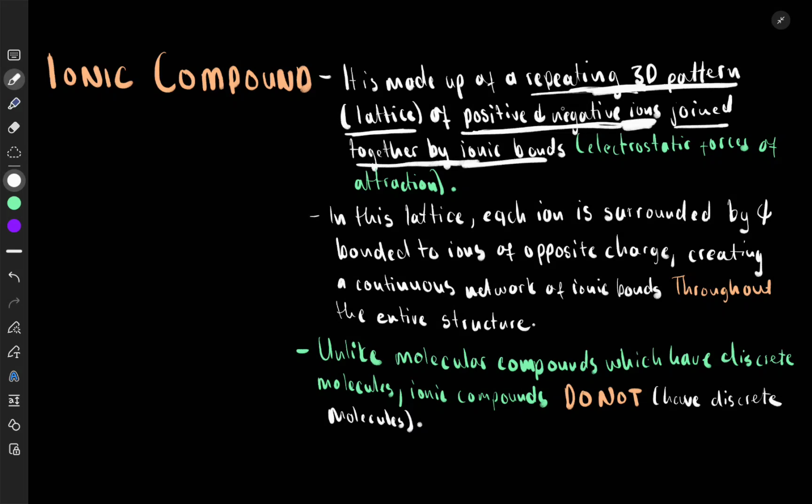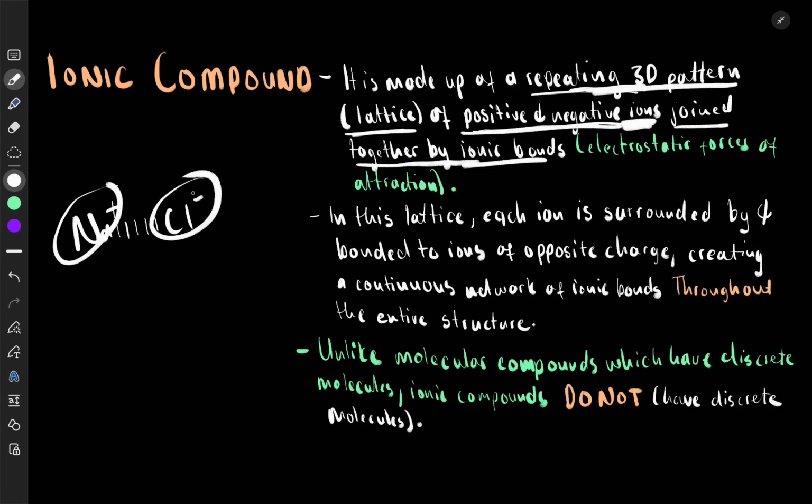The bond between a positive and a negative ion is called an ionic bond because it's a bond between ions. The bond between Na plus and Cl minus is the ionic bond because it is a bond between ions. What makes them ions is that they've lost an electron or gained an electron.